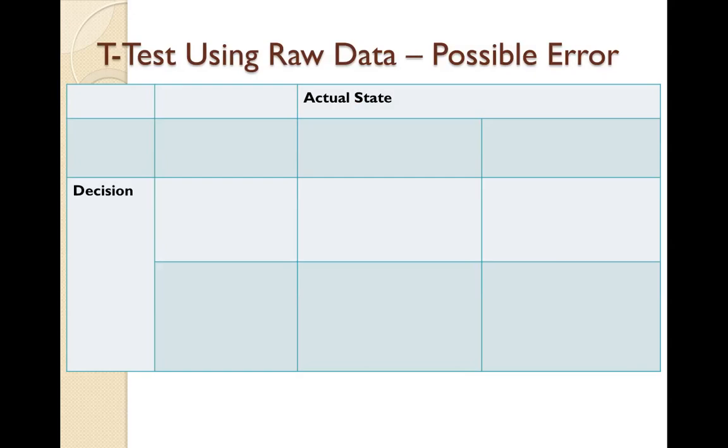Okay, we're going to take a look at possible error again, because in this case, we don't have the same type of error that we had in the last example. Our actual state is going to be that the null hypothesis is true, which means that mu is equal to 93, or that H0 is false and that mu is greater than 93.